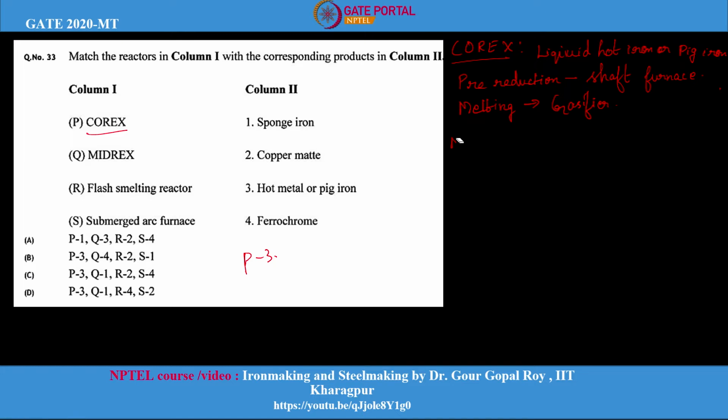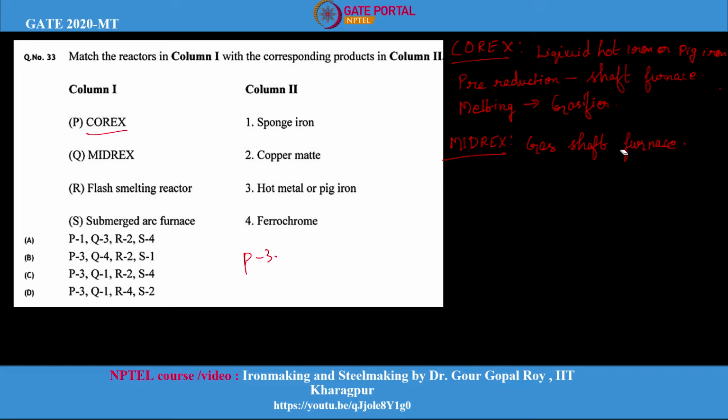Second is the Midrex reactor. Midrex is again another reactor which is used for the iron making process, developed primarily for the production of directly reduced iron or the sponge iron. It is a gas shaft furnace.